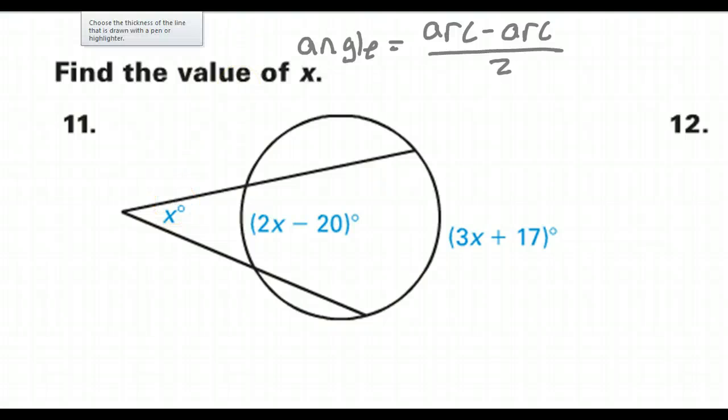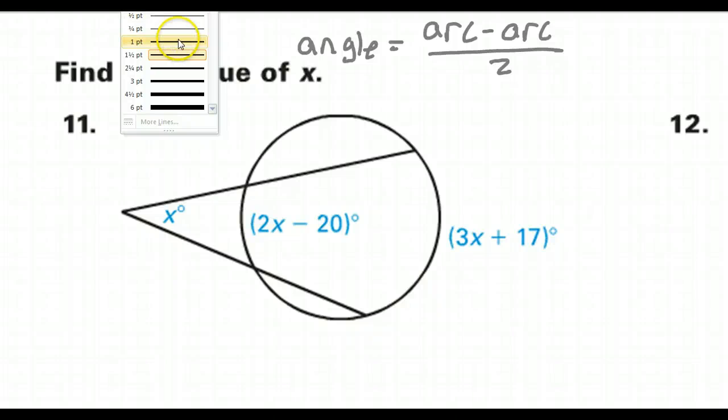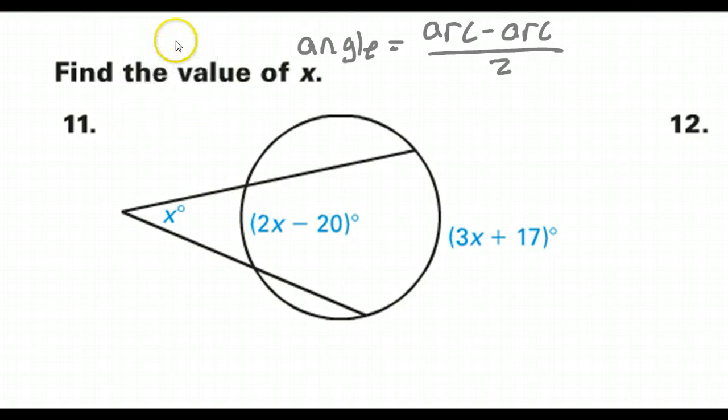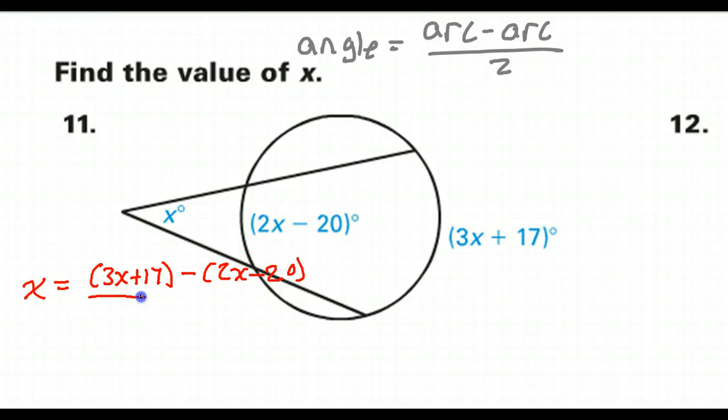I think I'm going to switch colors. Okay, so here I go. Angle equals. Now, the big arc is 3x plus 17. So I need big arc minus small arc. The small arc is this 2x minus 20. Okay, and all of that needs to be divided by 2.